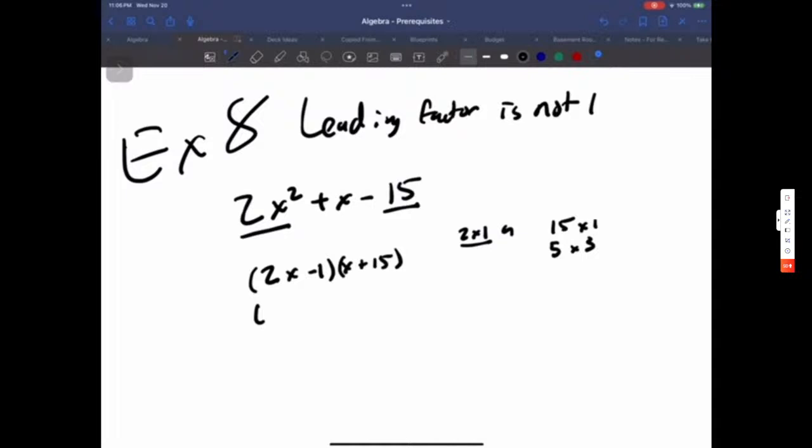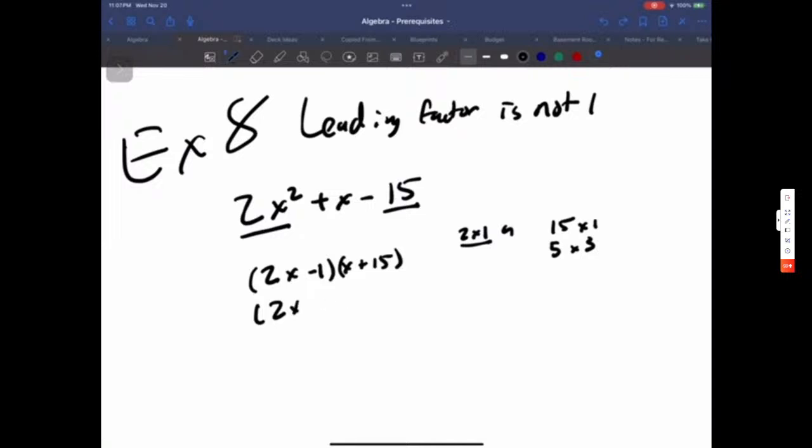You cannot have 2x plus 1 times x plus 15, because 15 times 1 is indeed 15, but it's not negative 15, because you need to get to a negative 15. So they can't both be negative and they can't both be positive. They have to be flipped like they are here. So we can't write that.